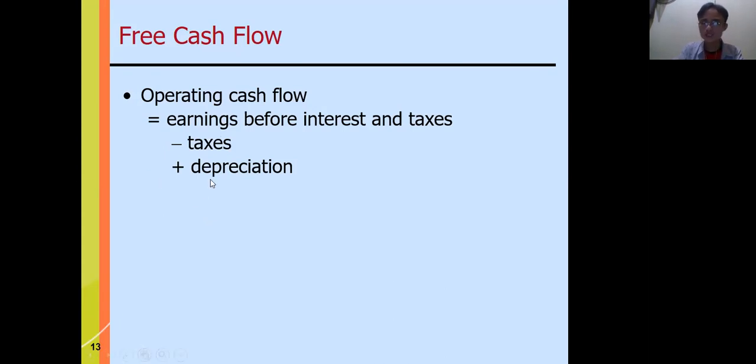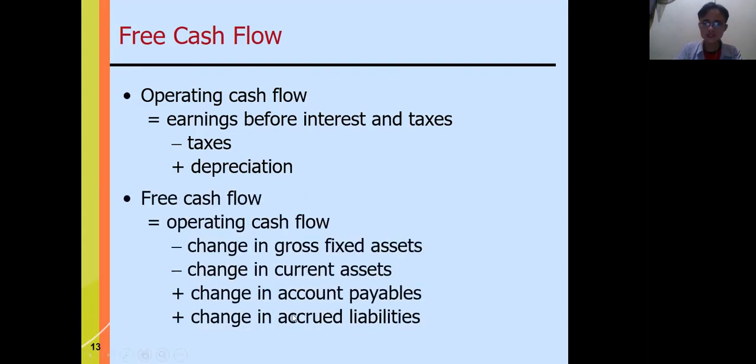But just to say that we want earnings to be net of taxes and depreciation to be added back, it's because depreciation is a non-cash expense. So therefore, there is no outflow to begin with, and it's deducted to get EBIT. That's why it should be added back. Well, taxes are clearly an outflow, so we are going to deduct, and then interest will remain. So it's okay.